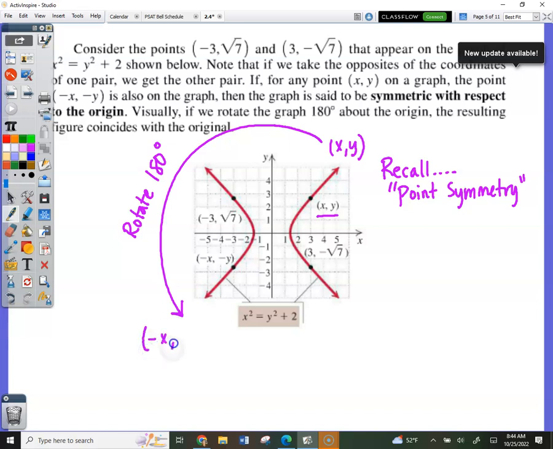Your rule for rotating 180 is opposite x, opposite y. That means change the sign of both of the point numbers.